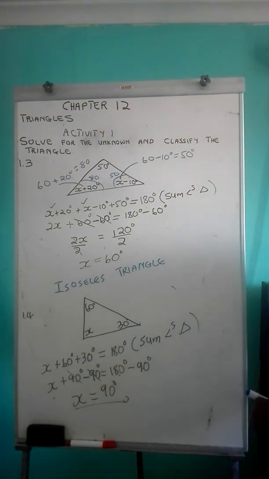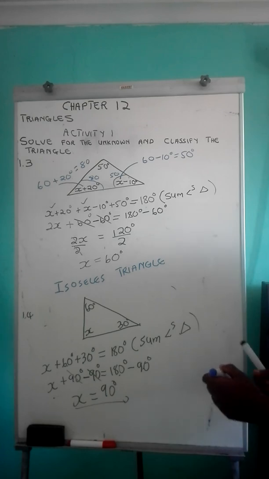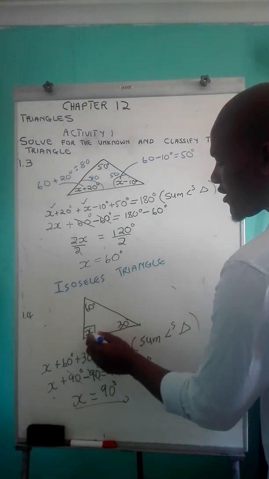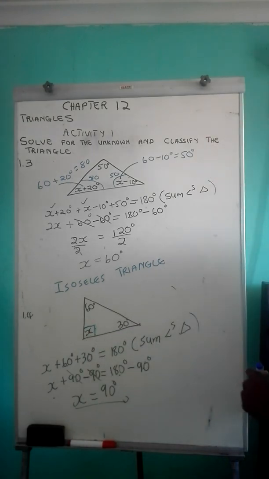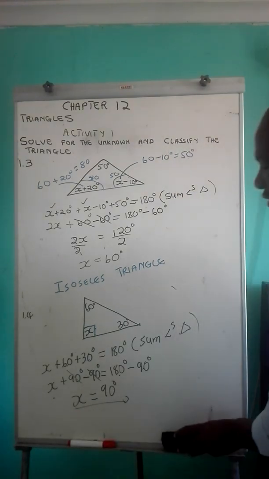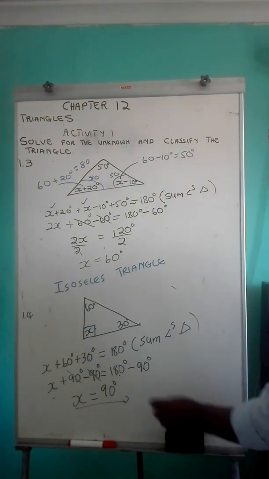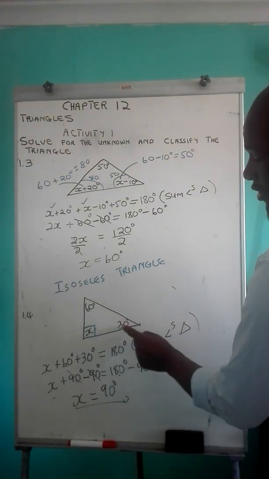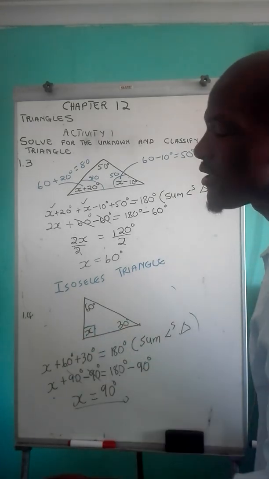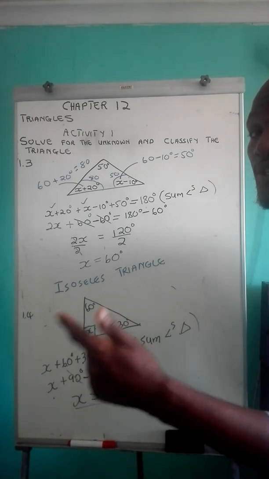So I know that this is 90 degrees. This is how you write 90 degrees. Yes, my angles are not equal because this is 60, this is 30, and this is 90. And we said when the angles are not equal, it's a scalene.